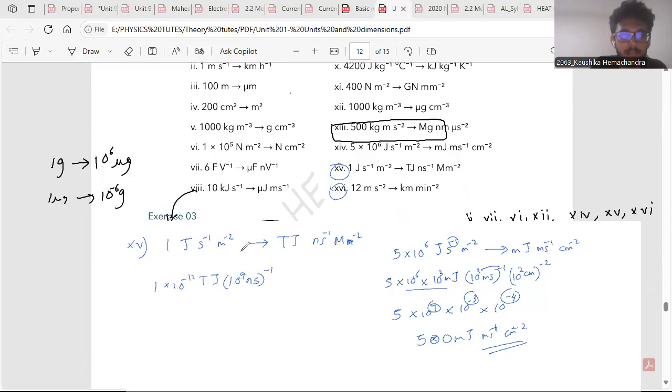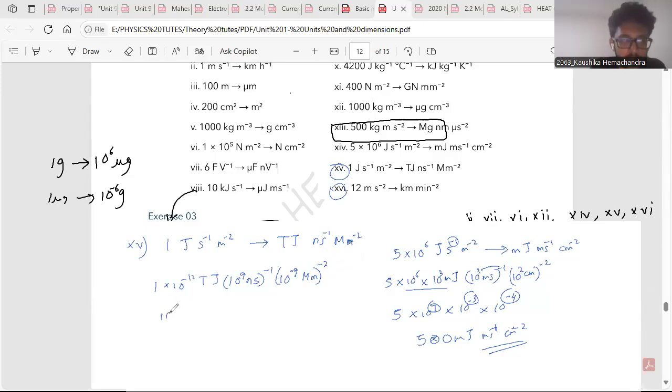Then per meter square to per square megameter. Meter to megameter, 1 meter is 10 to the power minus 6 megameters, and that per square megameter.